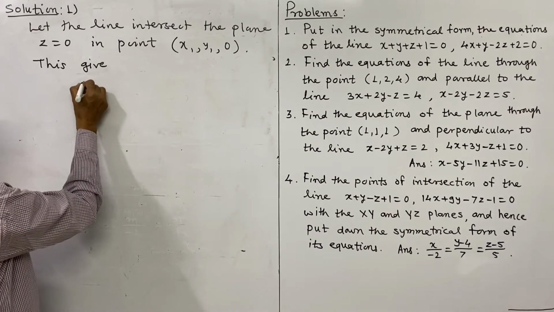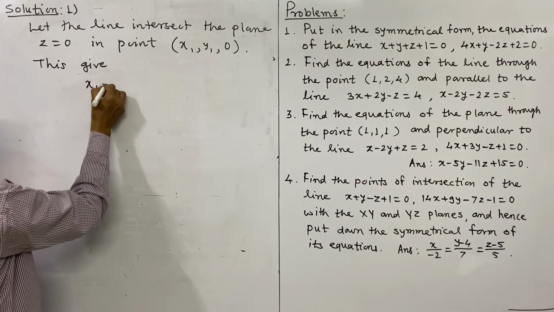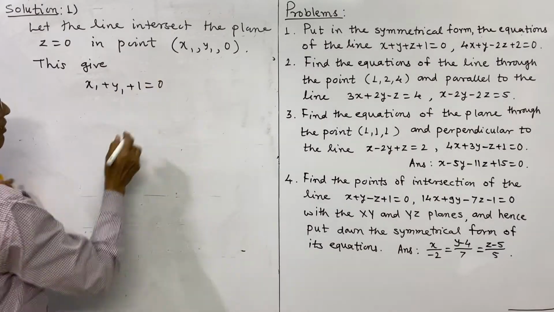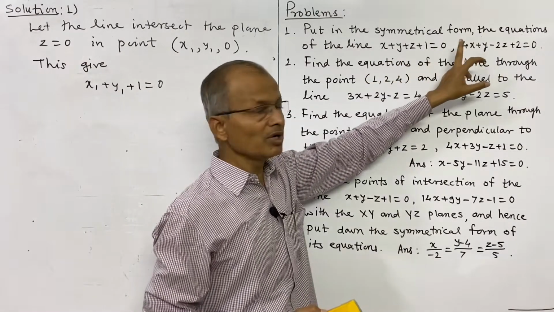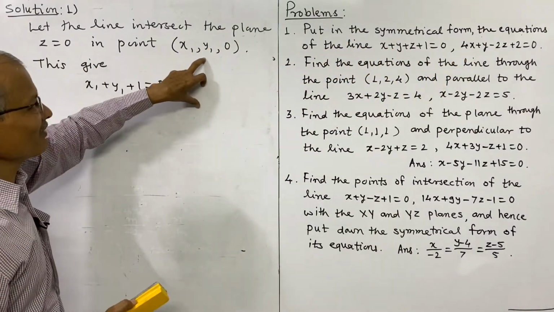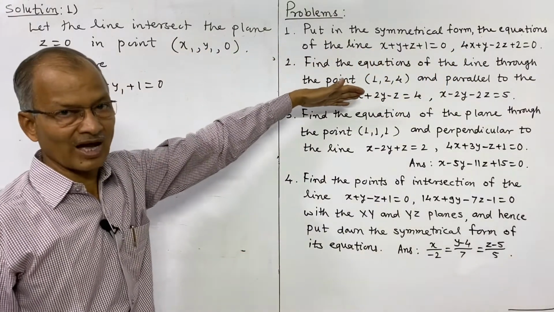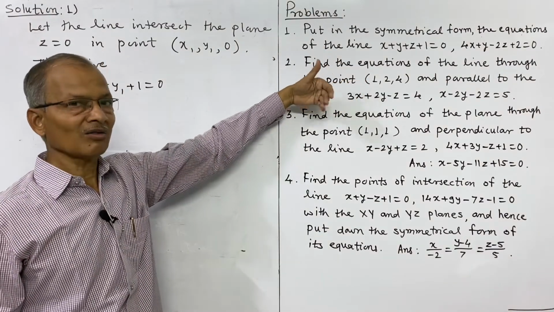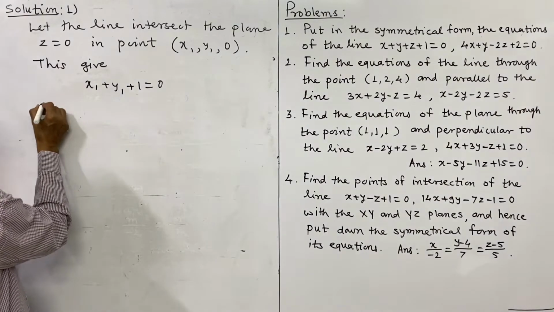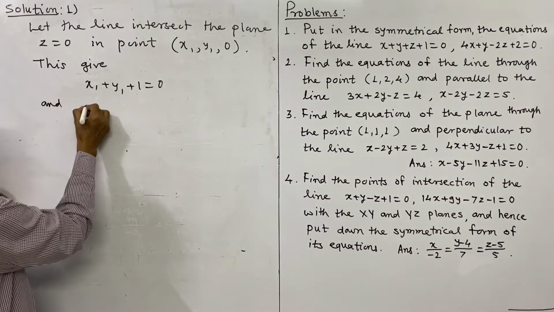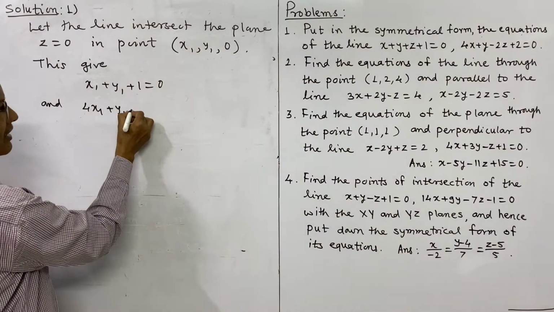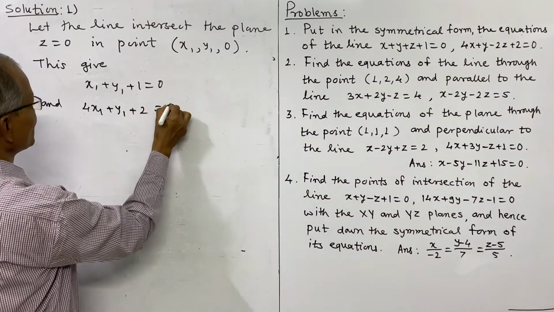This gives x1 plus y1, z is 0, plus 1 is equal to 0. We have to write from these equations only, putting z is 0, and because the coordinates are assumed as x1, y1, in place of x, y we write x1, y1, or you may write directly as x, y also. And the second will be 4x1 plus y1, and z is 0, plus 2 is equal to 0.